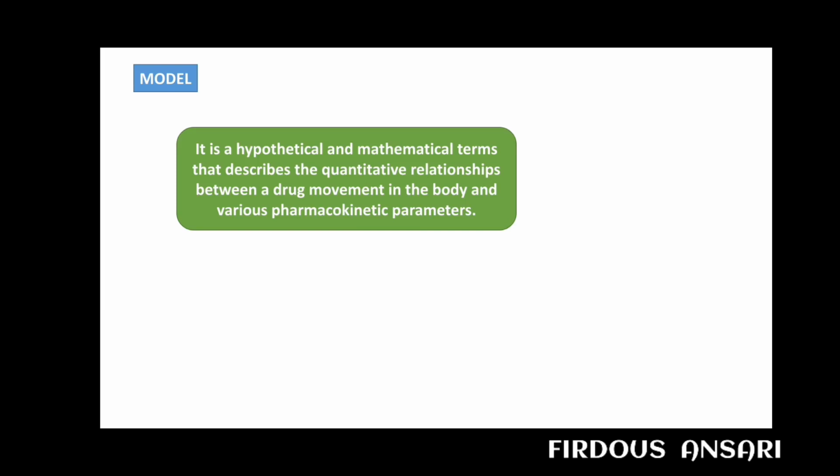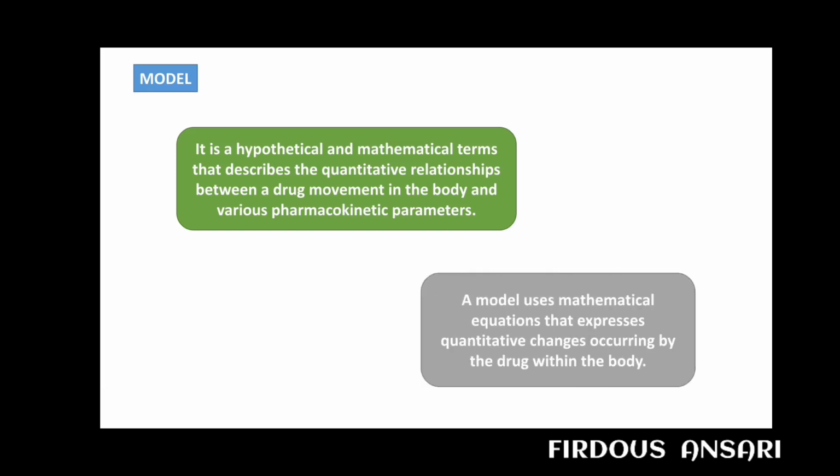Absorption, distribution and metabolism of a drug change from person to person. Therefore we cannot call this pharmacokinetic model a law; it is a kind of hypothesis. What we are doing here is producing a quantitative relationship between the drug movement in the body and various pharmacokinetic parameters. So a model uses mathematical equations that express the quantitative changes occurring to the drug within the body.